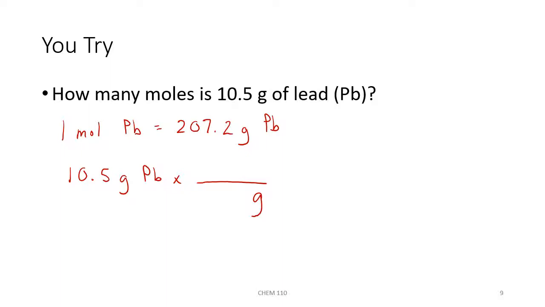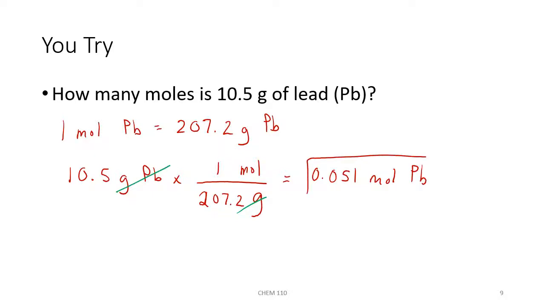Grams will go in the denominator this time, moles in the numerator, and 1 mole is equal to 207.2 grams. Our grams of lead cancel and we're left in units of moles. We should get 0.051 moles of lead for our final answer.